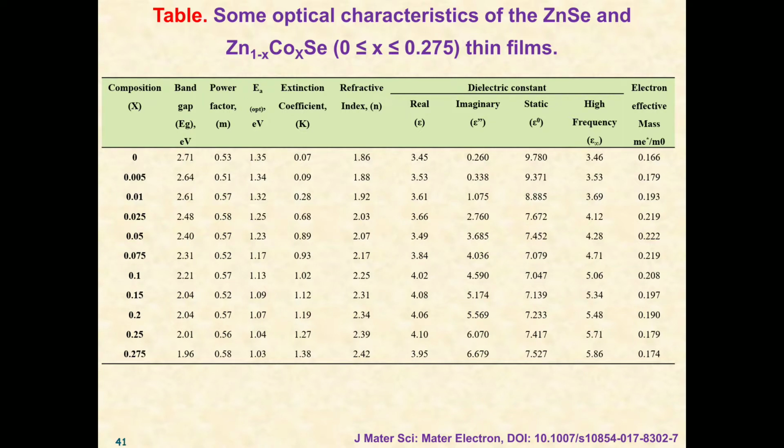These dielectric constants are like real dielectric constant, imaginary dielectric constant, static dielectric constant, high frequency dielectric constant, and the last, electron effective mass. Again, this table is published in the Journal of Materials Science: Materials in Electronics.